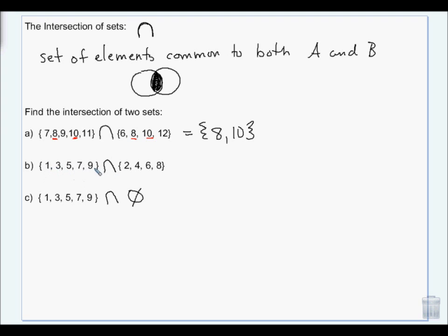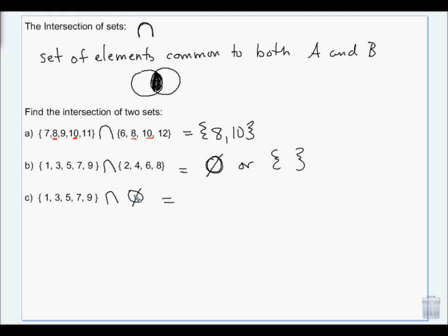Over here I have all odd numbers, and here I have all even numbers. So they have nothing in common, and the set that symbolizes nothing is the empty set. And again, you can use this symbol, or if you want, you can do set brackets with nothing in them. And then here I have odd numbers and the empty set.